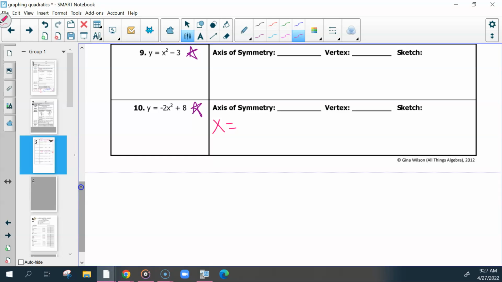We don't have a b value, so it would be 0. I'm going to put negative 0 just so we practice putting in the negative. It'd be negative 0 over 2 times negative 2, which is just 0. So anytime you don't have a b value, your axis of symmetry is going to be 0, always.